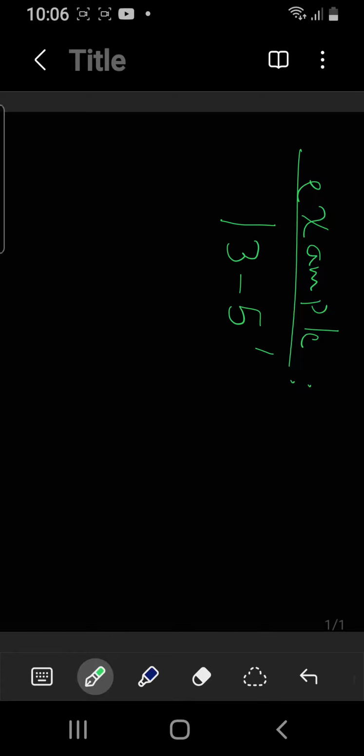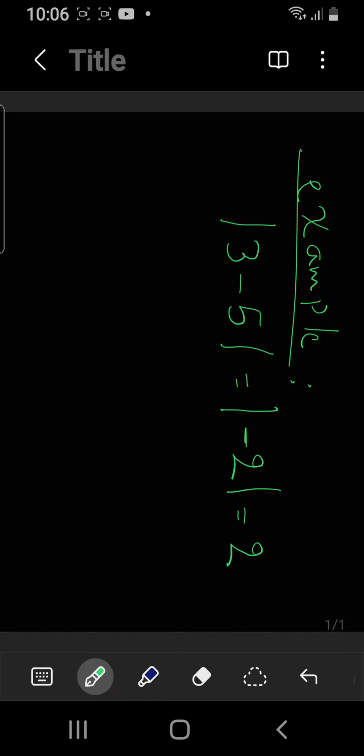For example, for instance, the absolute value of 3 minus 5 equals -2. I'm going to give you this question just for facilitating. So the absolute value of -2 is 2.